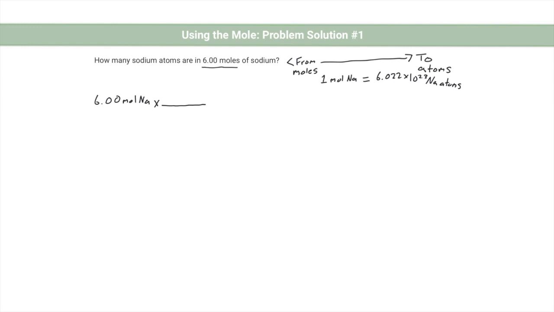Remember, since our unit is moles of sodium, that must go in the denominator to cancel out. We look to our conversion factor for where moles of sodium is, and the number is 1 that goes with it. We know what we're converting to is atoms of sodium, and that means 6.022 times 10 to the 23rd goes on top.